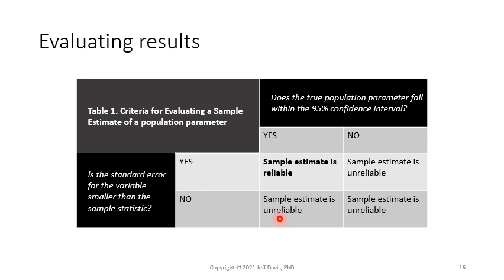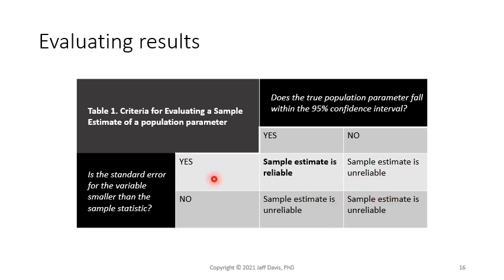Yes, the population parameter falls within the confidence interval, but if you were to go out to the population again and grab another sample using the same methodology, maybe you come up with a different confidence interval, one that doesn't contain the population parameter. So having a yes on one but a no on the other doesn't help you.